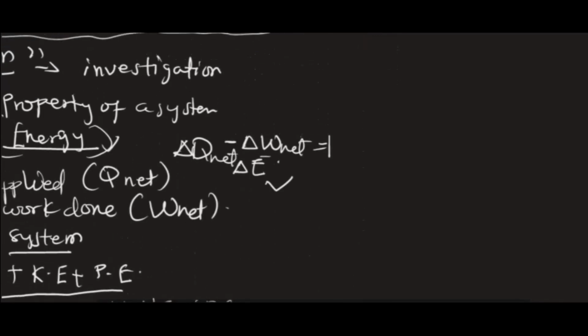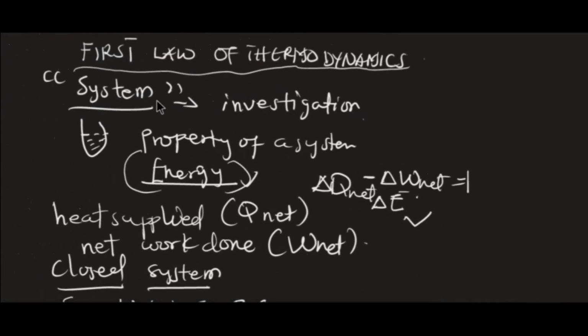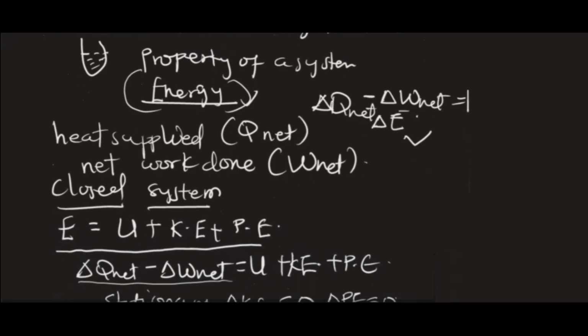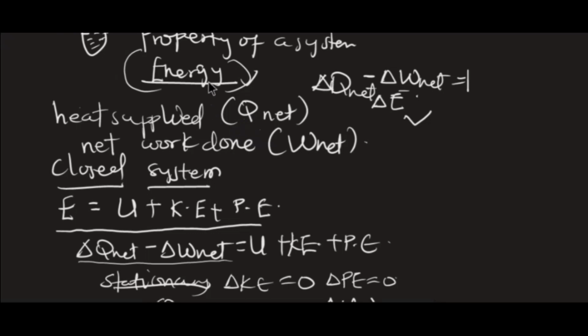So a recap: the first law, we considered a system which is a part of the universe under investigation. A system has a boundary which separates itself from the environment or the surroundings. Now, energy is a physical property of every system where when the heat supplied to a system, we subtract the net work done on the system by the change of state, then we get the total energy.